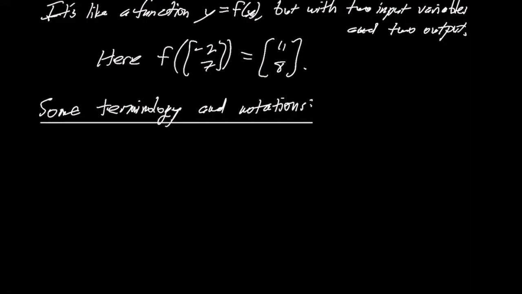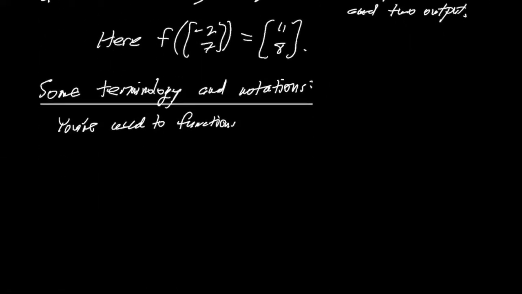So you're used to functions, like I mentioned the squaring function before, say f of x equals x squared. And we can say that's equal to y, to think about the input and the output variable.